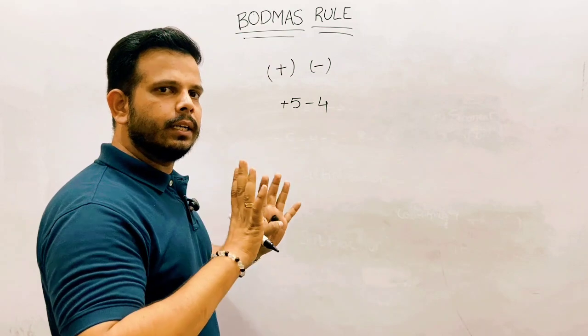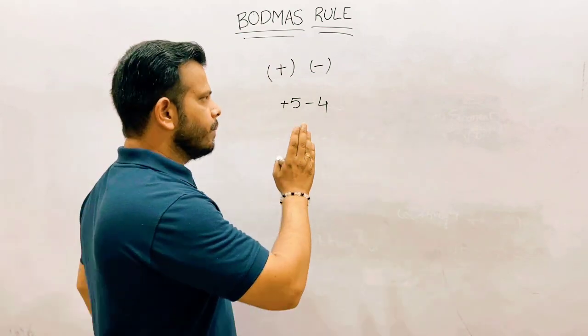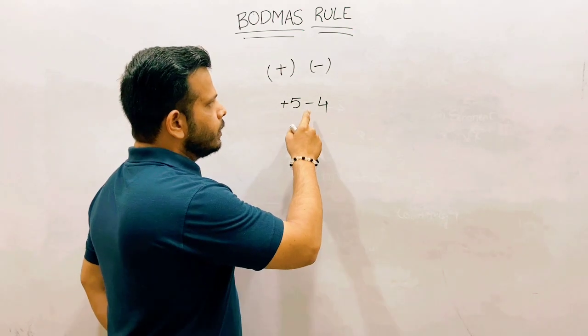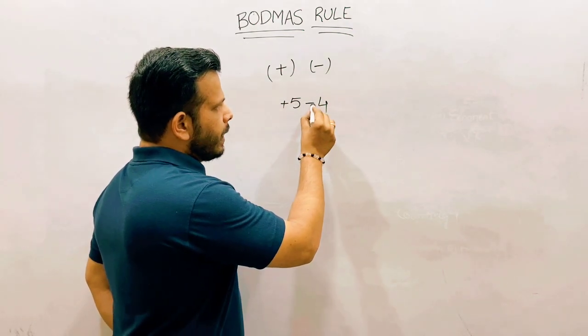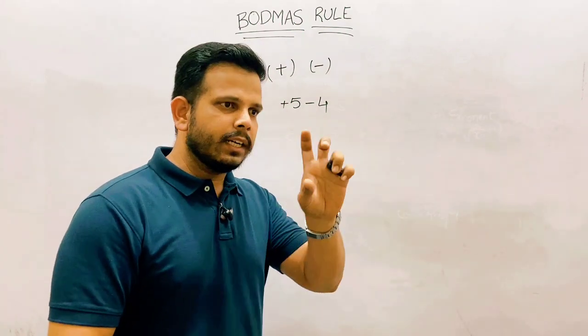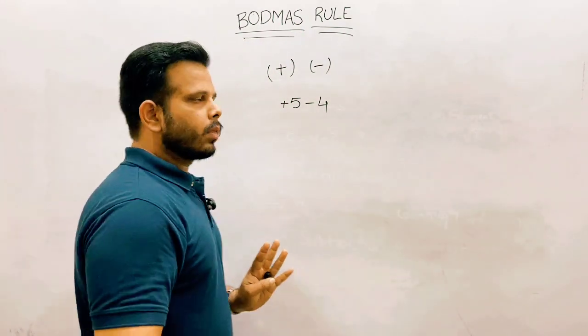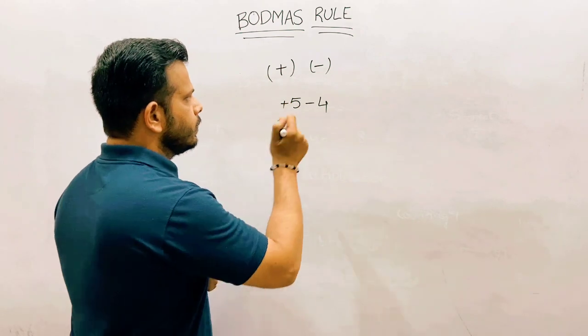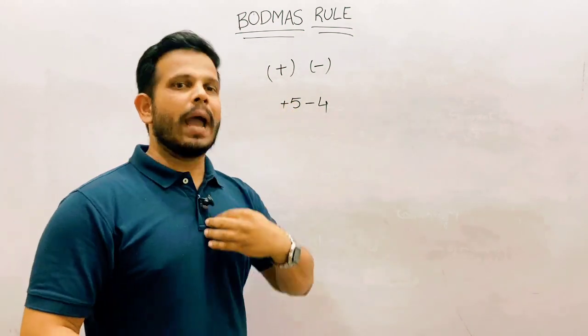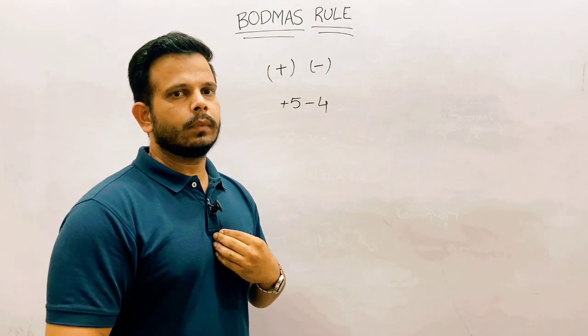The same concept I am trying to tell you. When it is minus, it means you have to give this to someone. It's like a debt. Plus means this is the amount you have with you.